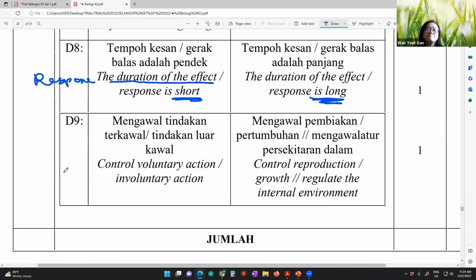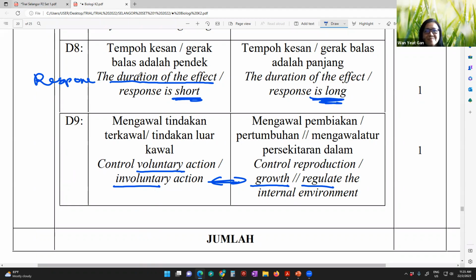And lastly, the nervous system always controls both voluntary and involuntary actions, whereas the endocrine system controls different types of processes, like growth, and it regulates the internal environment, so they have different purposes and different roles they play.